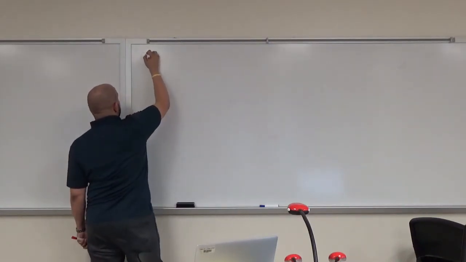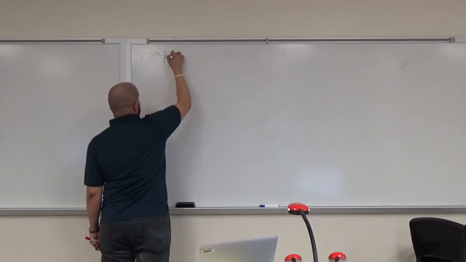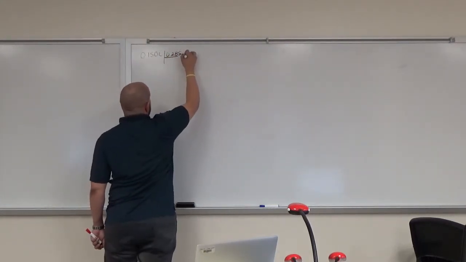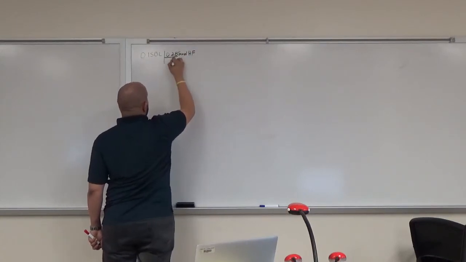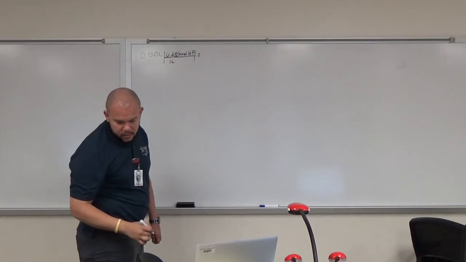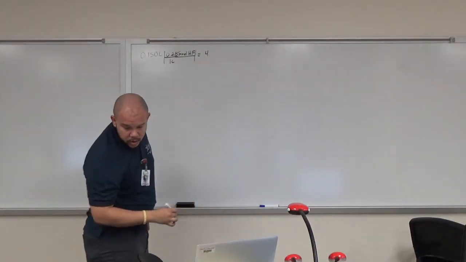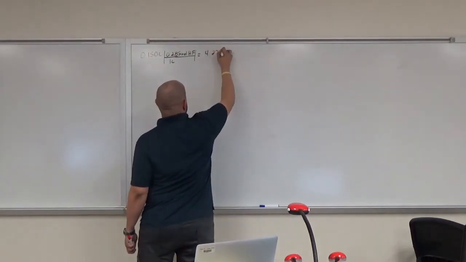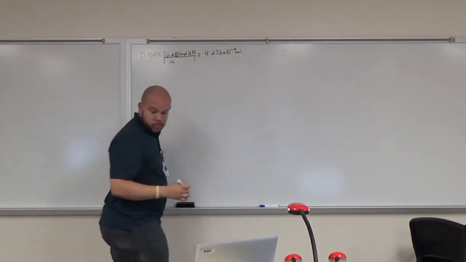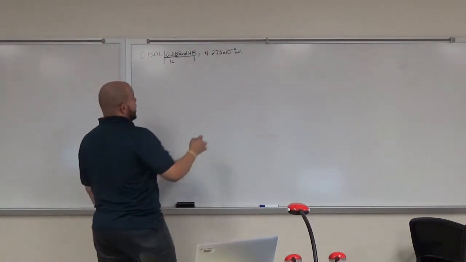So we got 0.150 liters of 0.285 moles of HF per 1 liter. That gives us moles of acid, and we have 4.275 times 10 to the negative 2 moles.